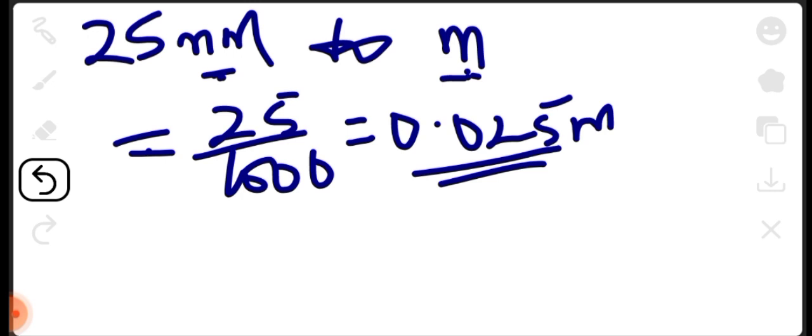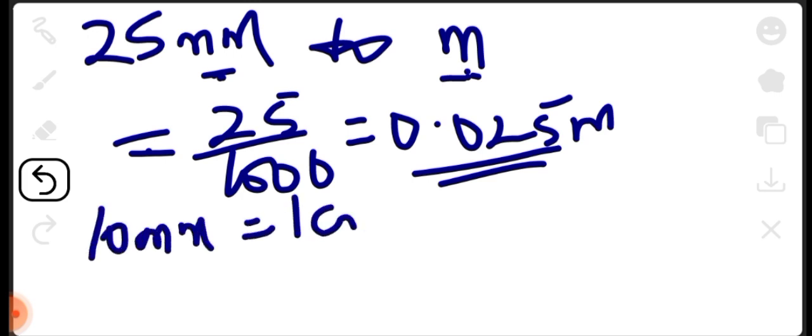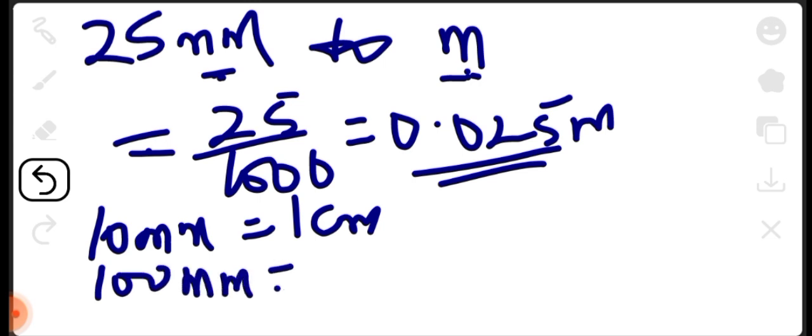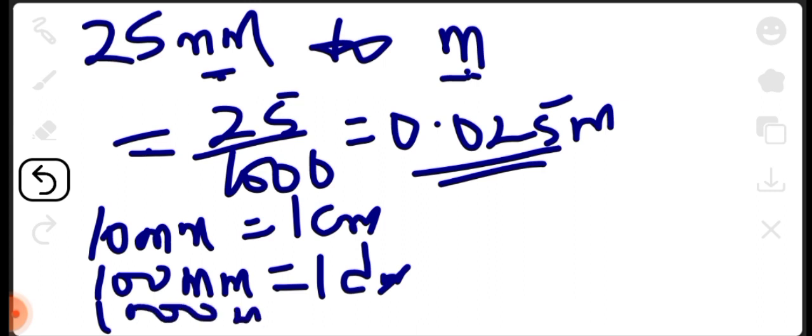So please take note of that, it is very, very important. 10 millimeters equals 1 centimeter. 100 millimeters equals 1 decimeter. 1000 millimeters equals 1 meter. So just like that, you have to know how to play with all these relationships. They are very, very important.